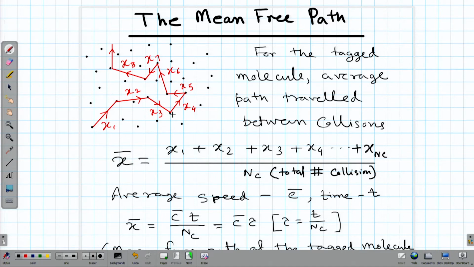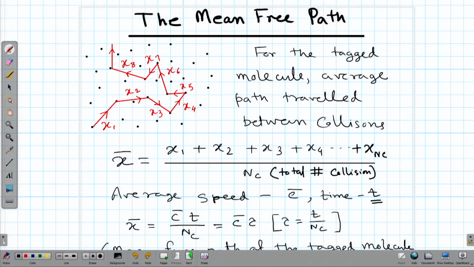So, what we can do is compute, if we start from this position and end here, let us say, the overall time taken by this molecule for nc number of collisions is t, and the total distance travelled is some x prime. Then we can calculate the average speed c bar of this molecule.